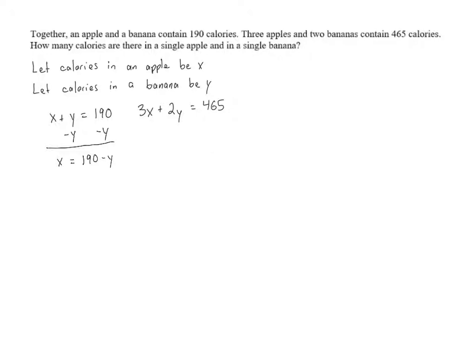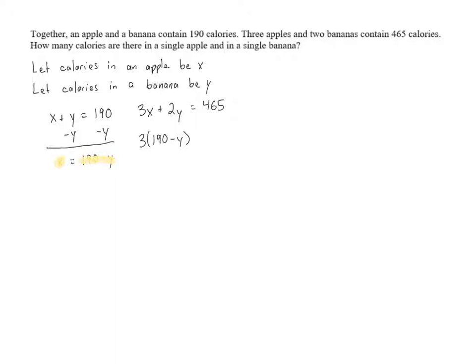Now, what we're going to do is take this and substitute it into the other one. Wherever we have x, we're going to replace it with 190 minus y. So we have 3x plus 2y equals 465. So that 3x is going to become 3 times 190 minus y.